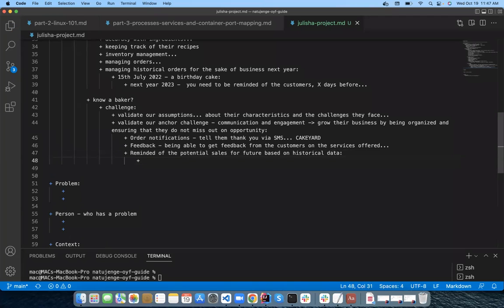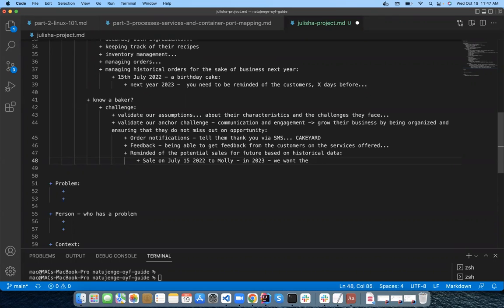So the question is, you made a sale on July 15th to a beautiful lady called Princess Molly. So you made a sale on July 15th, 2022, and in 2023 you would love to make the sale again.